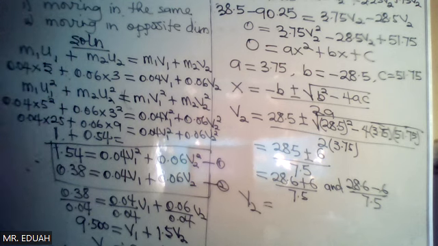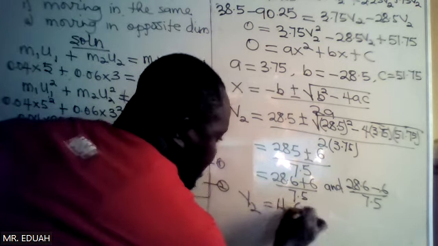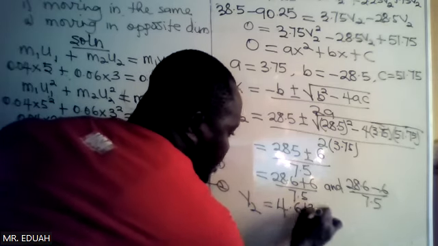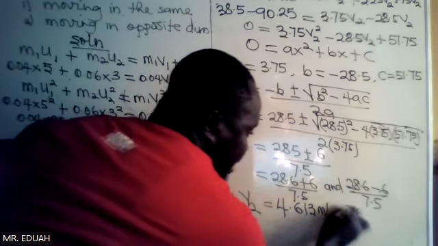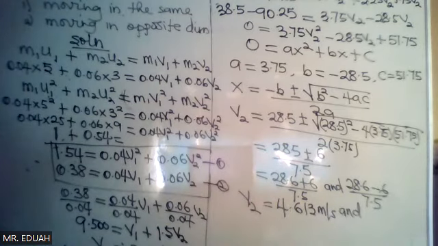What's the first answer? 4.613 meter per second. And what's the second answer? 3.